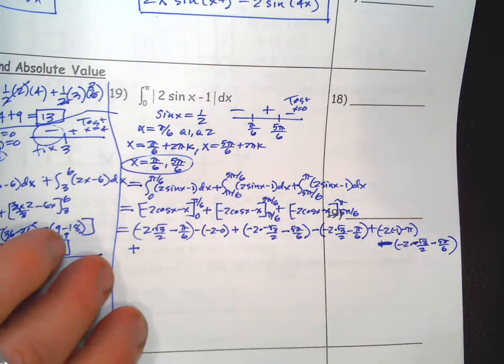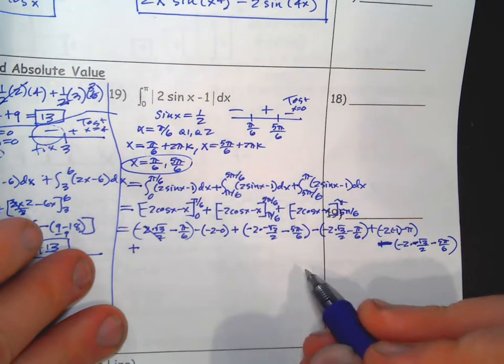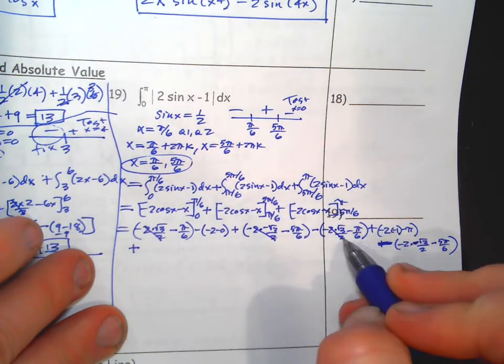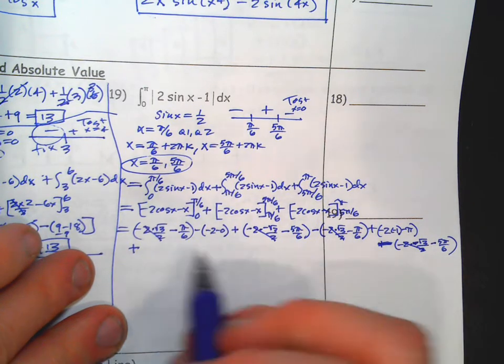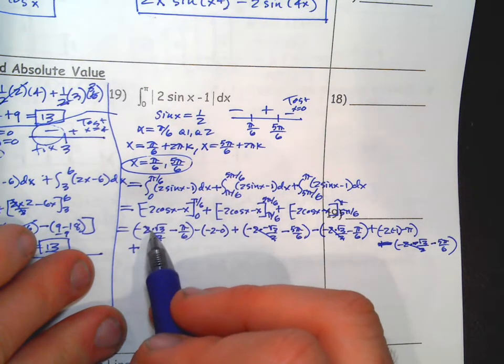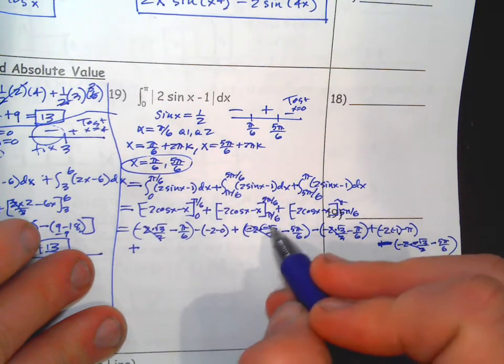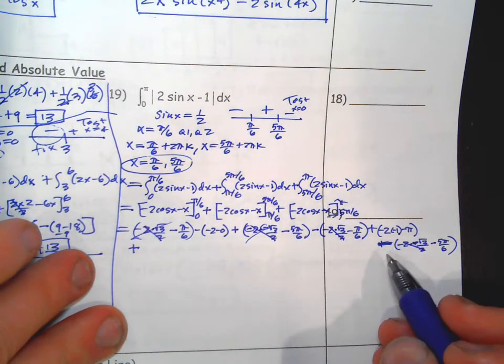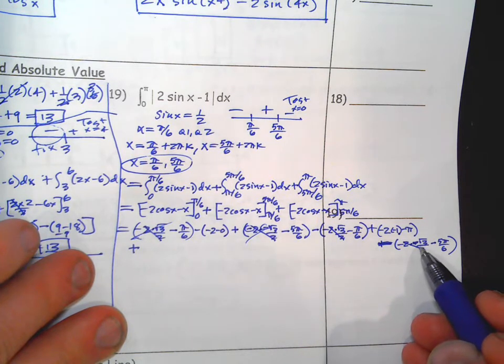Now we got to simplify all that. Okay, well, those 2's cancel every time. Oh, that's nice. Okay, so I have negative root 3 and a positive root 3. Those guys cancel each other out, right? Then I got positive root 3 and I got negative root 3 again.